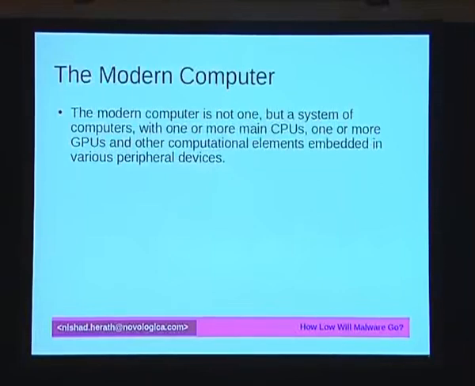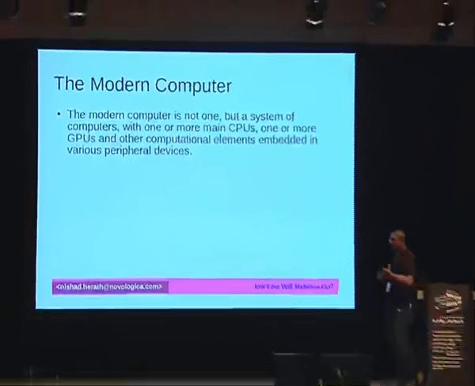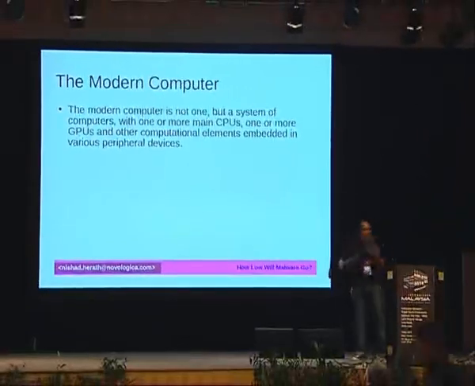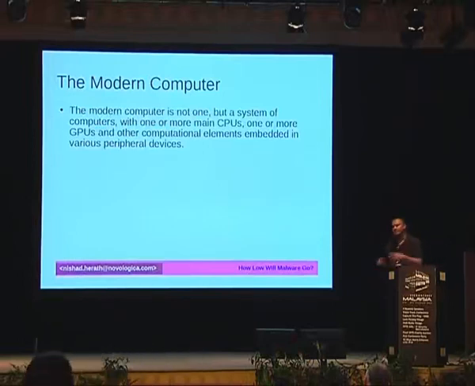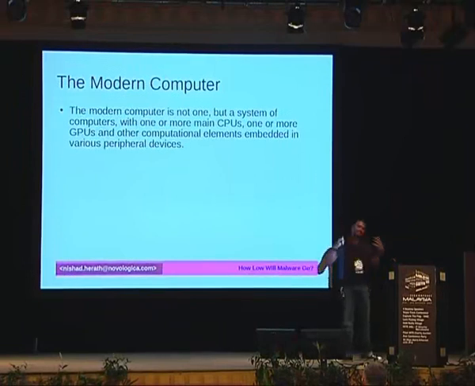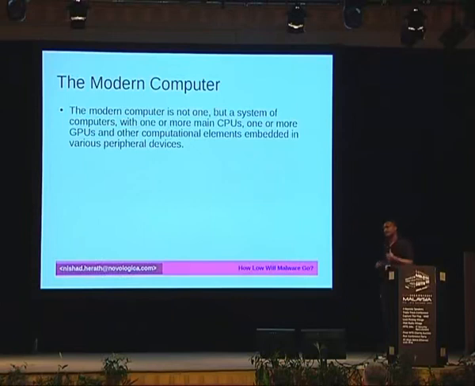what I'm going to talk about today is how our computer systems have changed over the years, and how there's this whole bunch of other computational elements present in our computer systems that are both accessible and independently programmable that we don't really pay a lot of attention to, especially in the contemporary security space.